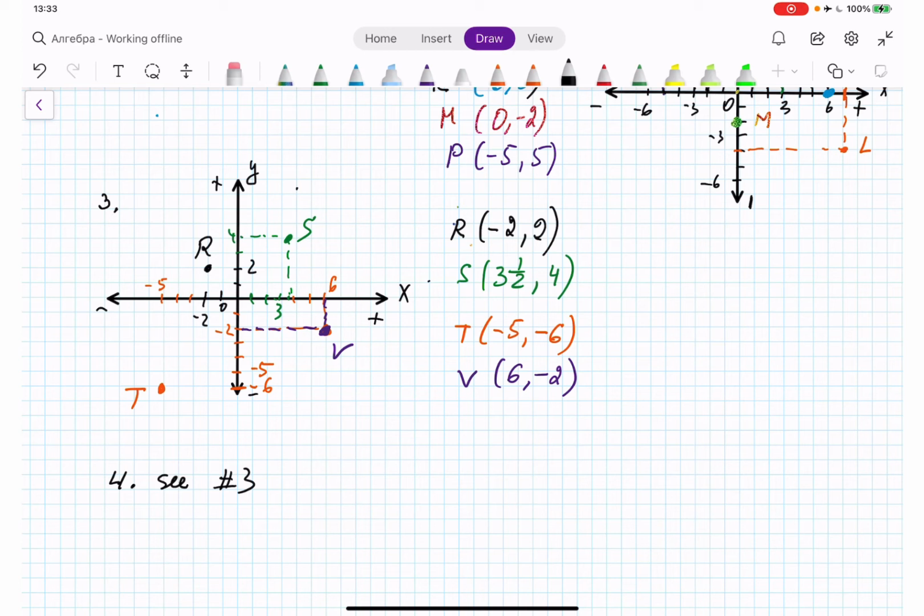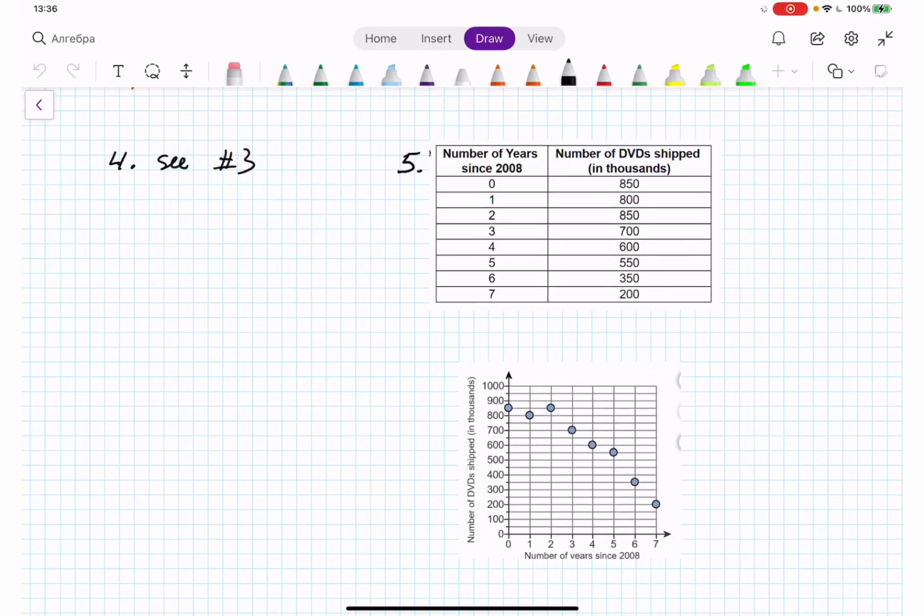Number 5. We are given the number of DVDs shipped in thousands, and it's since 2008. That means this is 2008, this is 2009, 2010, and so on, all the way till 2015.